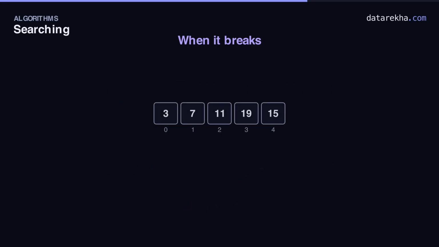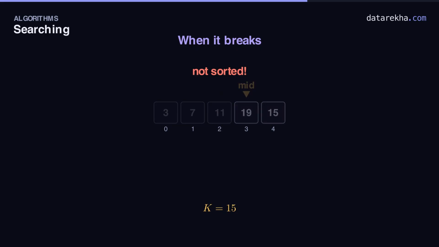But here is the catch that ruins everything. Binary search only works on sorted data. Watch it fail. This array is not sorted. 19 sits before 15. We search for 15, which really is here. At index 4, middle is index 2, which holds 11. 11 is less than 15, so binary search confidently throws away the left half and looks right.